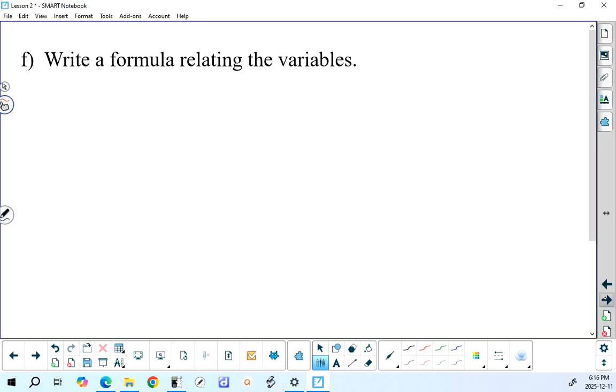First of all, your formula should always be the dependent variable equals. That's how we always want it. Now, stop and think about what the length of this elastic is.